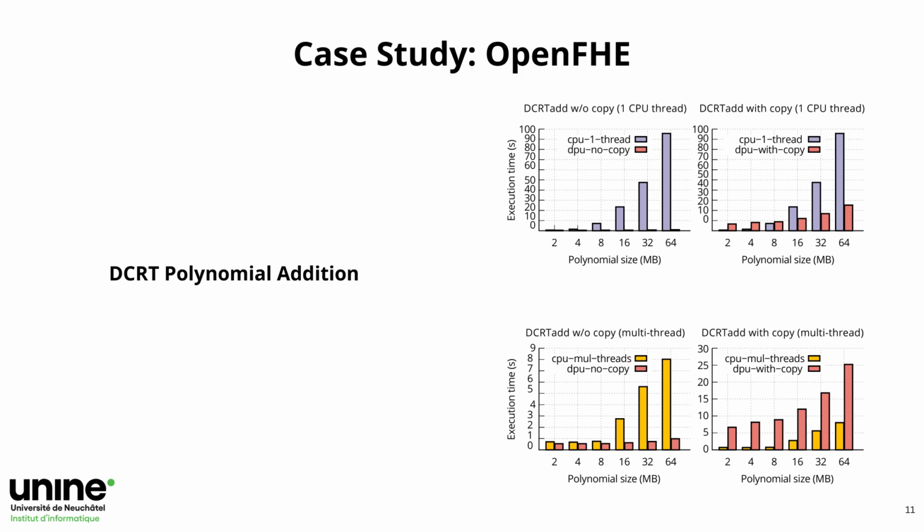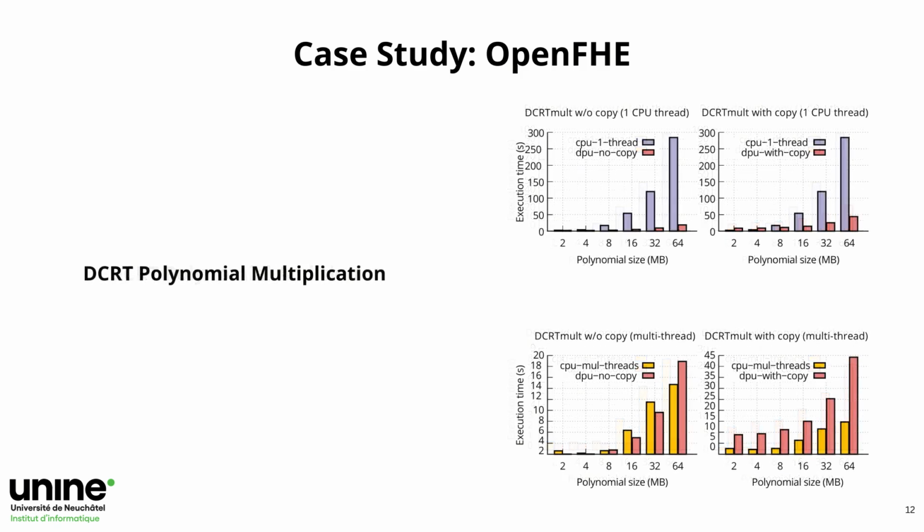Same when we do the copy from the host machine to the DPU, we get some speedup. However, if you compare it with the multi-thread application, where we just turn on and off the OpenFHE library's OpenMP flags, we don't do much, and we can see that we have speedup for a higher number of data. However, we lag when we are doing the copy. So the main bottleneck is the copy operation.